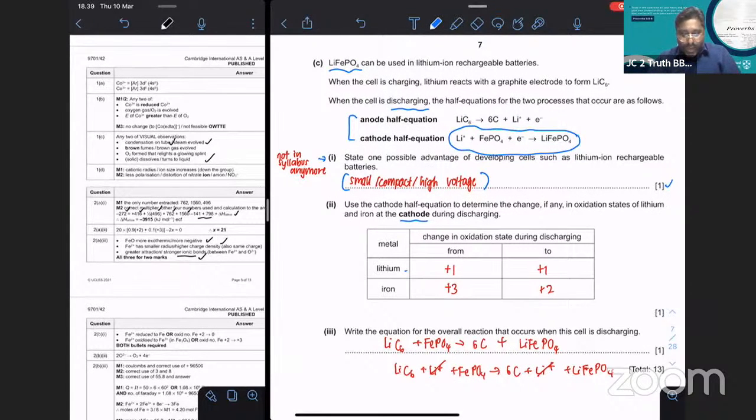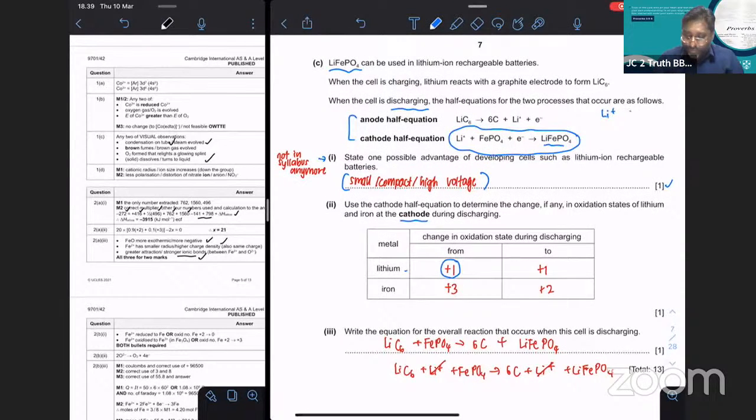So Li plus, it must be +1. Just follow the charge. And then this one, LiFePO4, is going to change into this. We know that Li is normally Li plus.